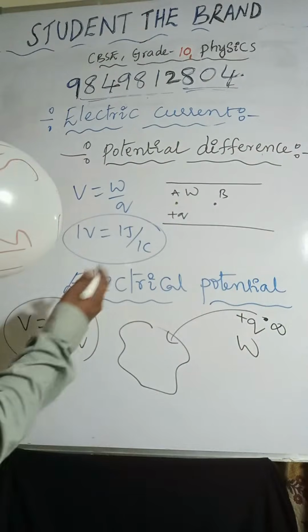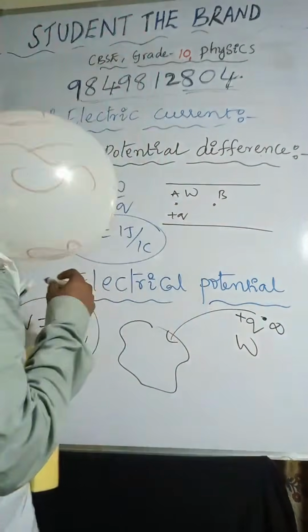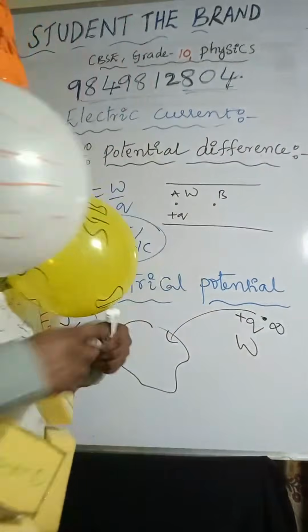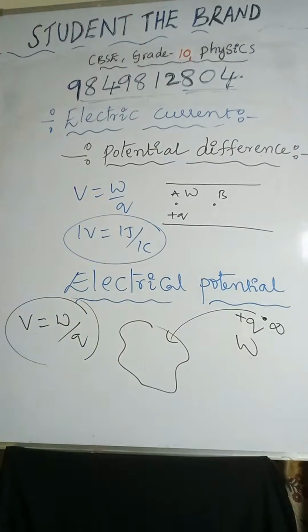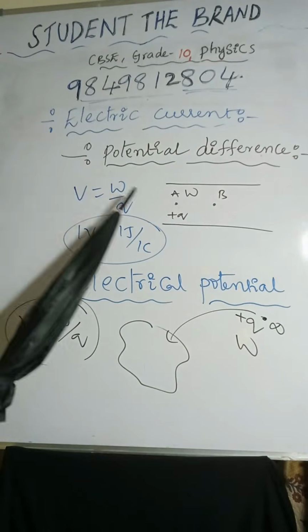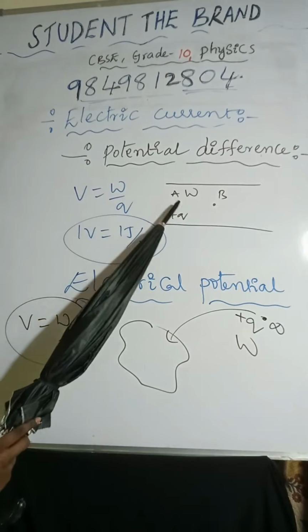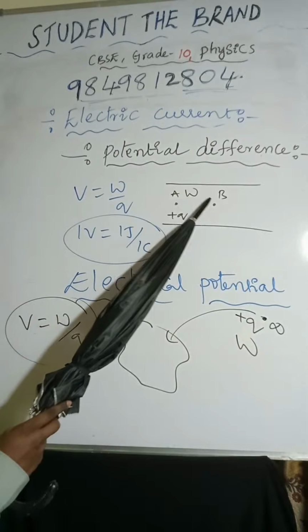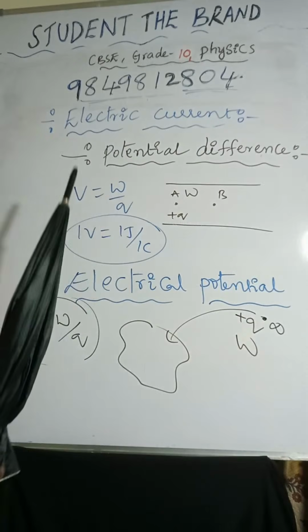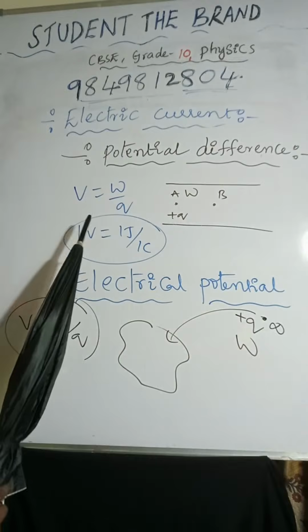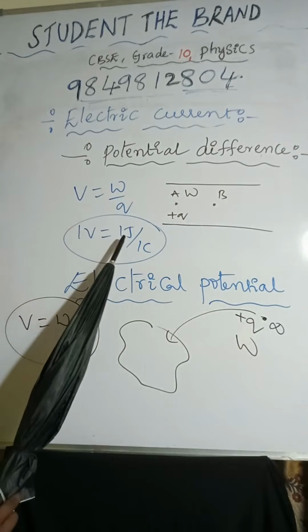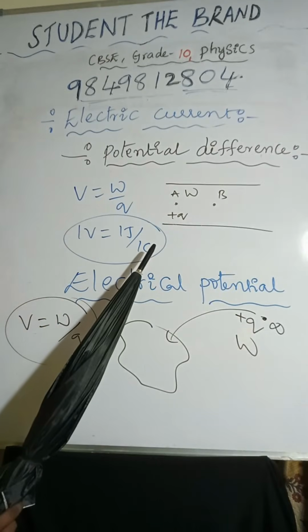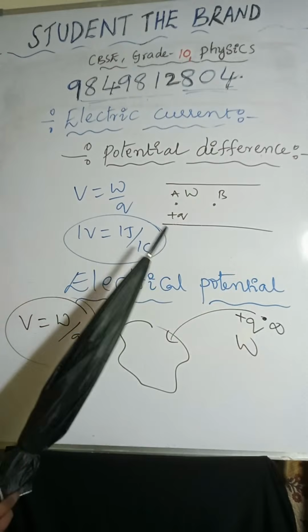So we are taking electrical potential difference and electrical potential. Potential difference is nothing but the work done to bring unit positive charge from one point to another point. V equal to W by Q. 1 volt equal to 1 joule of work done to bring 1 coulomb of charge from one point to another point.